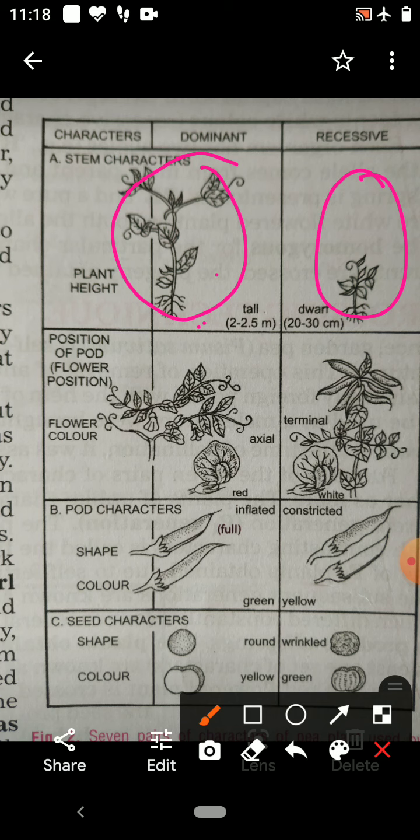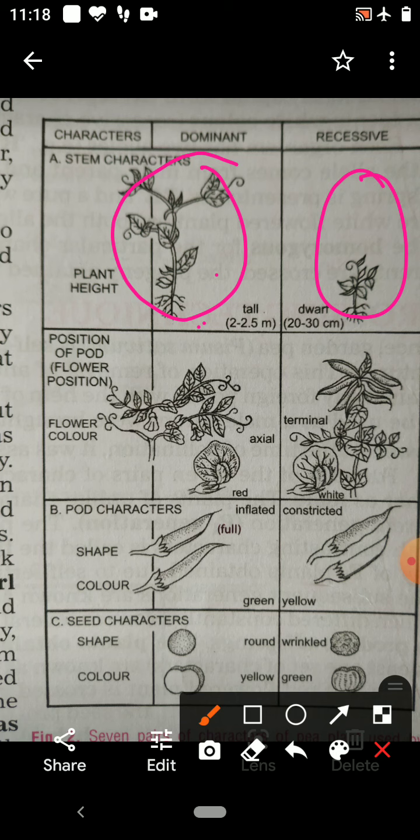Therefore, he told tall is the dominant. Like this, he decided which character is the dominant and which one is the recessive. Taking pure tall, pure dwarf, or pure red and pure white, made a cross; in the first generation, the character which is expressed is the dominant, and the character which is suppressed is the recessive.